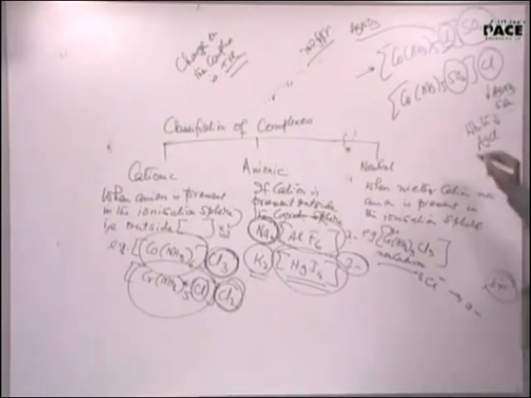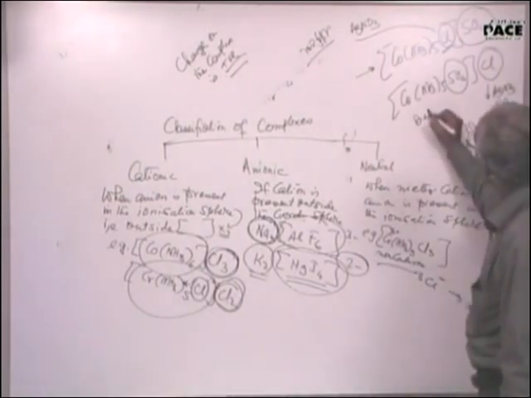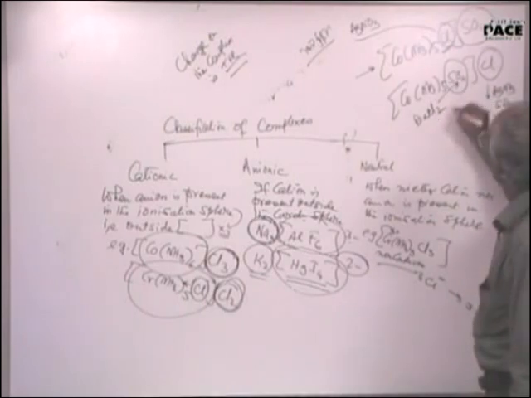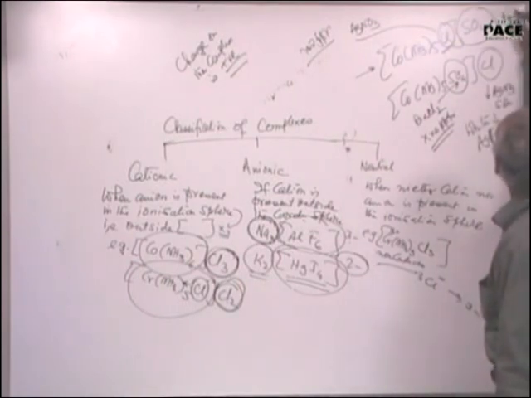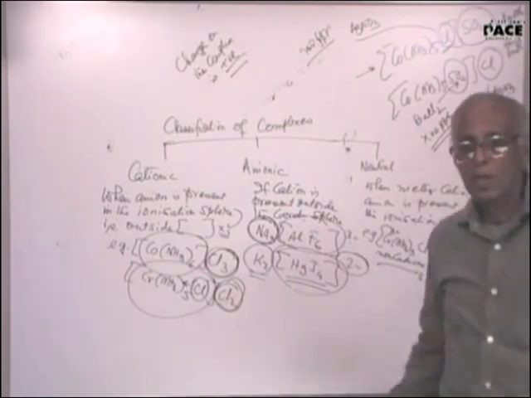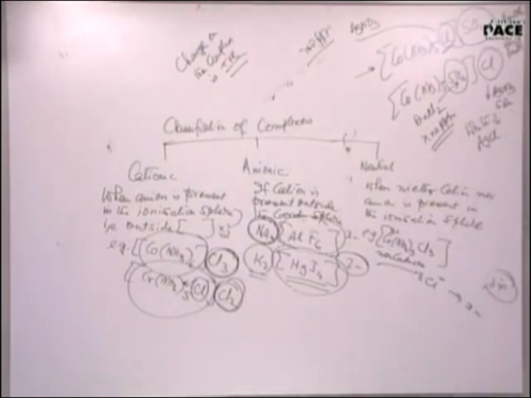Similarly, if I add barium chloride, no precipitation. But if I add barium chloride here, white precipitation. So what is the difference? One is forming a coordinate bond, another is not forming a coordinate bond.